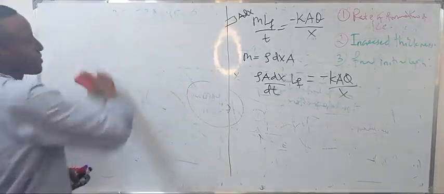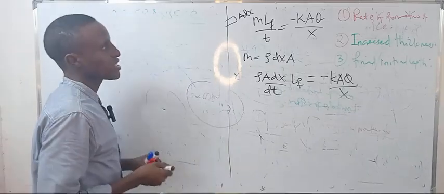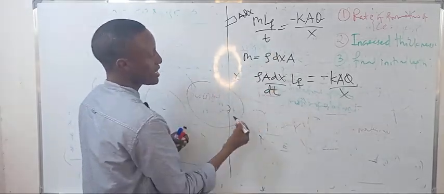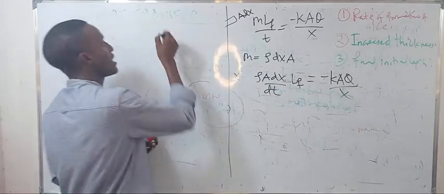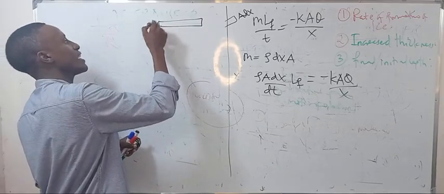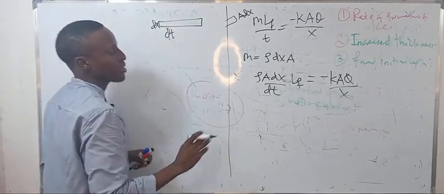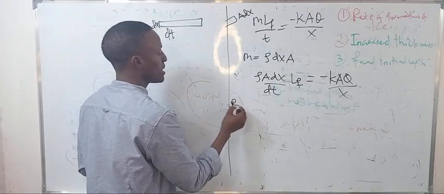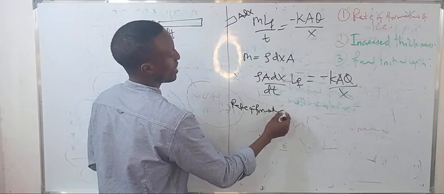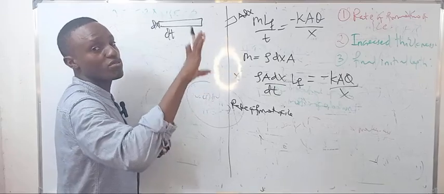Talking about the formation of ice, we say the rate of formation of ice. This is dx over dt, because our ice was like this, so it's the length being formed over time. A change in time is what we call the rate. If they ask you about the rate of formation of ice, this means how much ice has been formed in a given time.